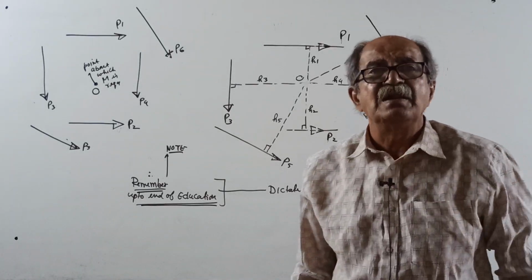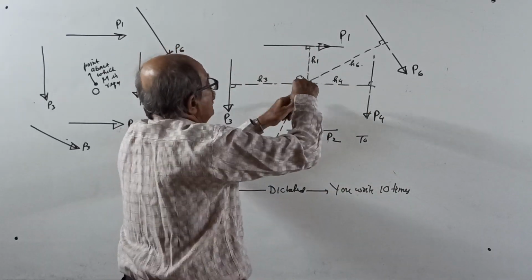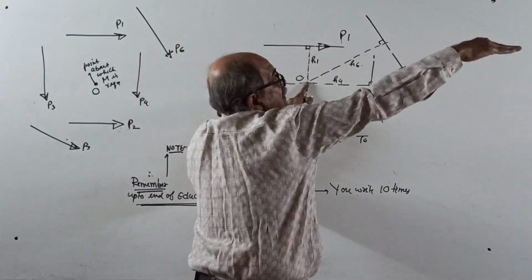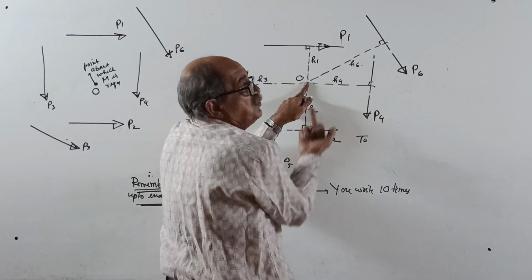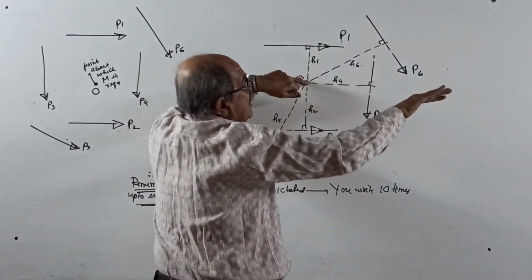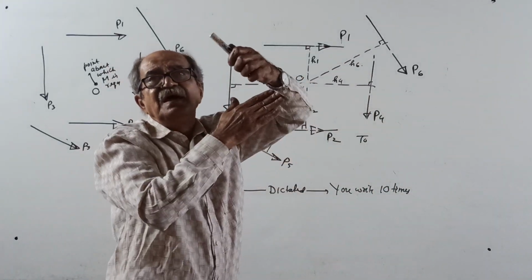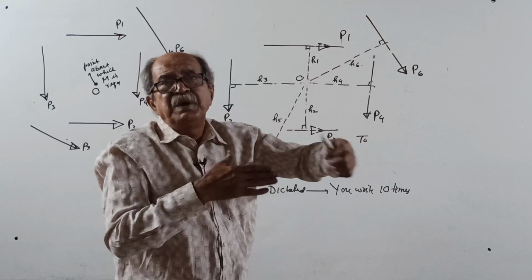So remember, when the force is horizontal, perpendicular is vertical; when the force is vertical, perpendicular is horizontal; if the force is inclined, the perpendicular also is inclined.